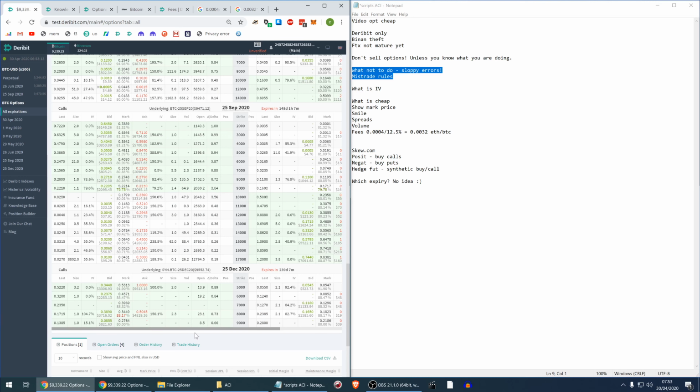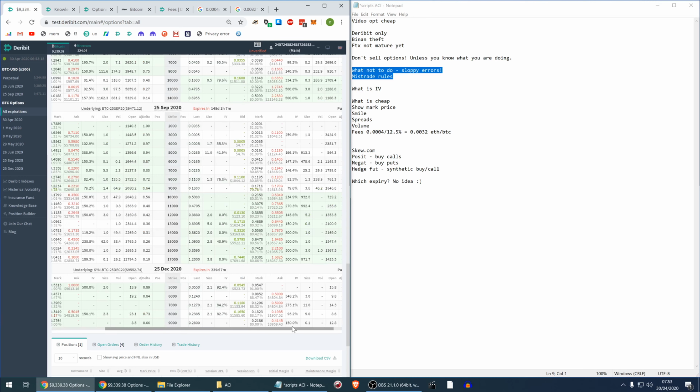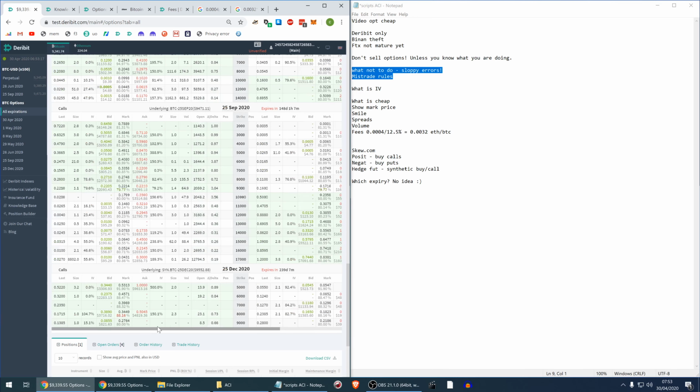You want to submit a low ball order and buy an option, but you, I don't know, accidentally press sell. It happens to anyone. While in the BitMEX XBT USD swap, this error will be fairly cheap because the spreads are relatively tight.